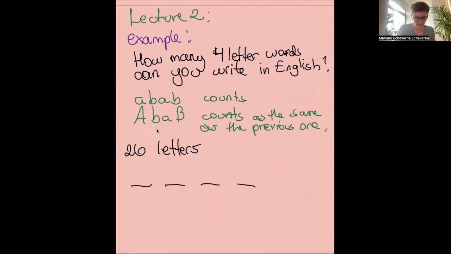So that's totally fine. So I have 26 letters and I can place them in 4 spots, and I'm allowed to repeat letters. The good thing about these probability problems is that many times you have an intuition for what the answer should be. So anyone want to say? It's just 26 to the 4, right?